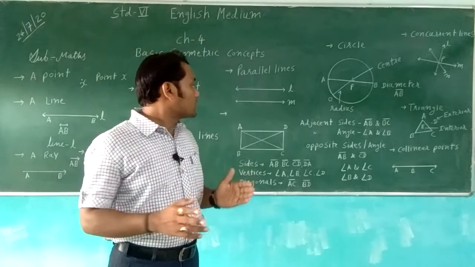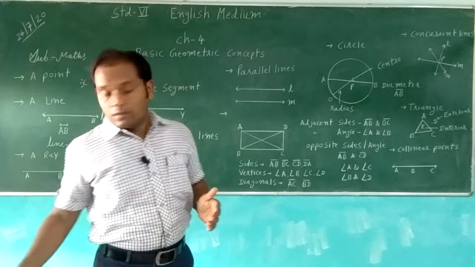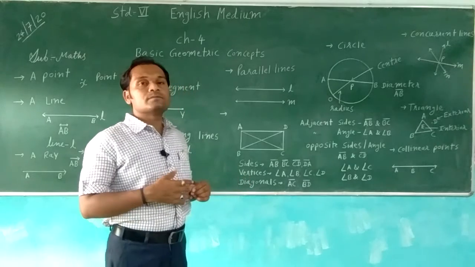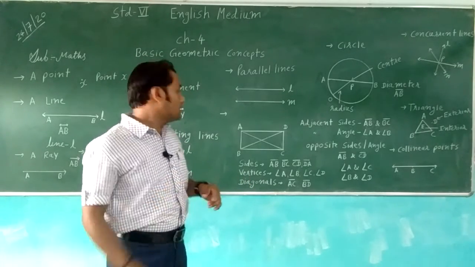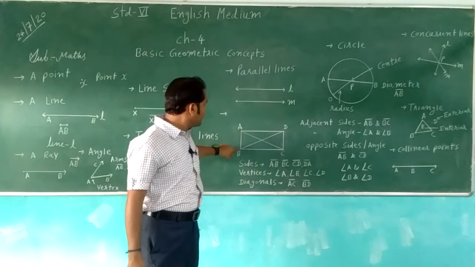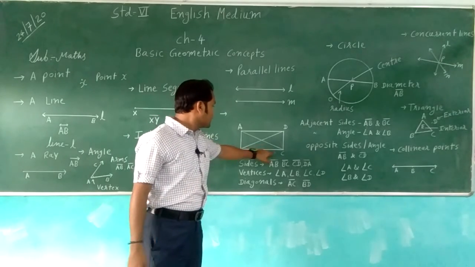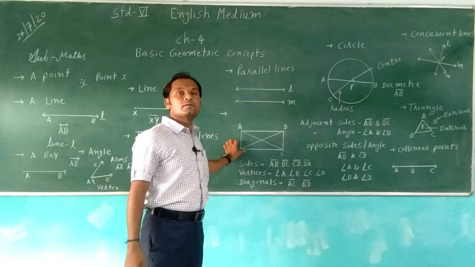Now here you will see adjacent sides. In the rectangle we see the sides together, AB and BC. These lines are together.